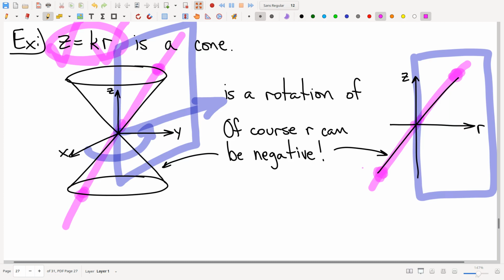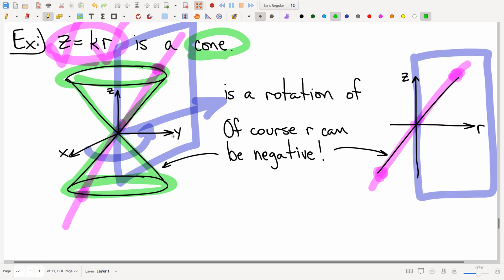Imagine what that whole thing generates as it rotates around the z-axis, and of course that's going to make this cone. Like so. Everybody good? It's a neat trick.